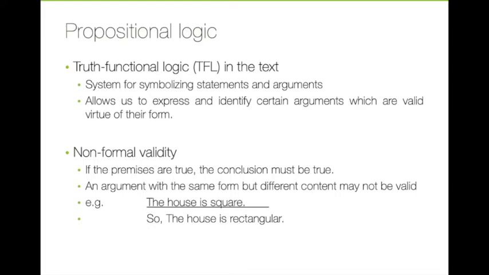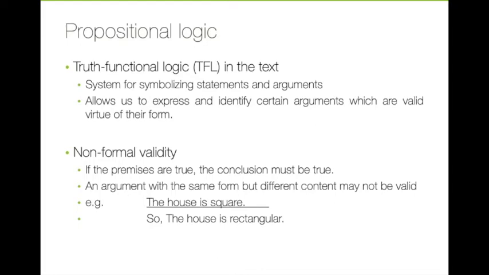So take the argument, the house is square, so the house is rectangular. If it is true that the house is square, the house has to be rectangular. But we couldn't substitute other terms in this example. So you couldn't reason, for example, from the house is square to the house is green.